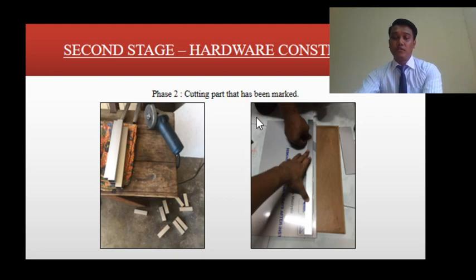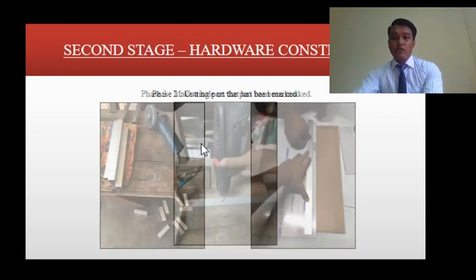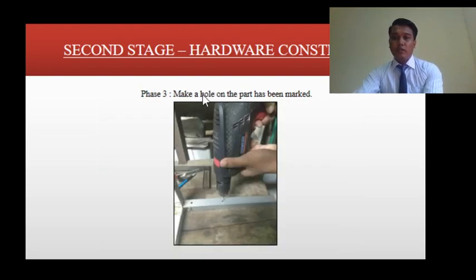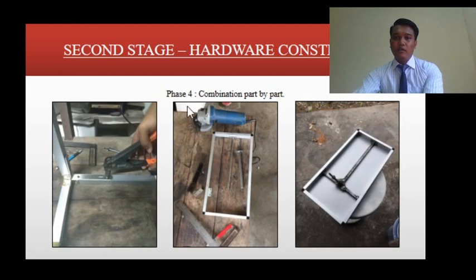In phase 3, make holes on the marked parts. And then phase 4, combine part by part. This uses a rivet, an elbow ruler, and so on to make the full combination of the ball joint, thread, and foot platform.